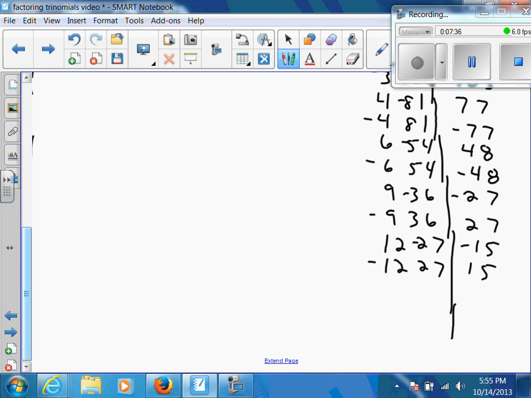Next we have 13. 13 doesn't work. We go to 14. 14 doesn't work. 15. 15 doesn't work. Now we try 16. 16 doesn't work. 17 doesn't work.